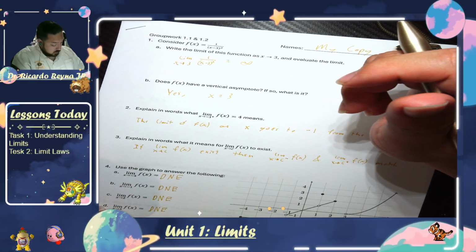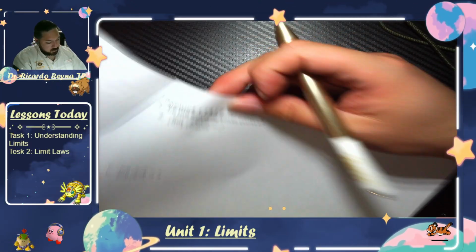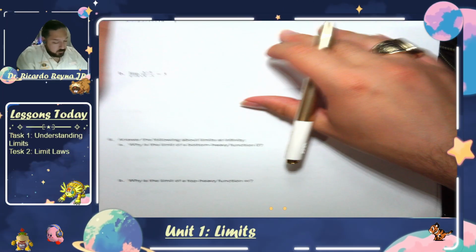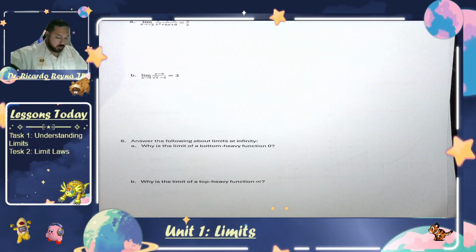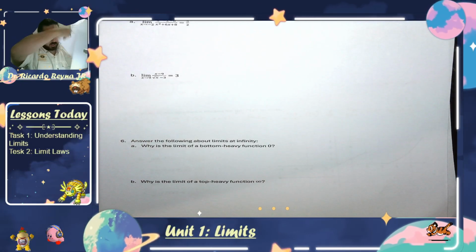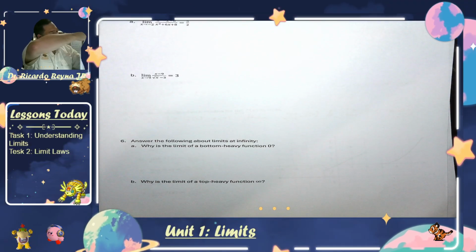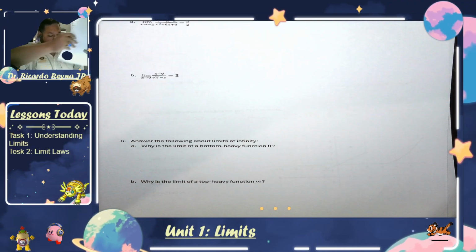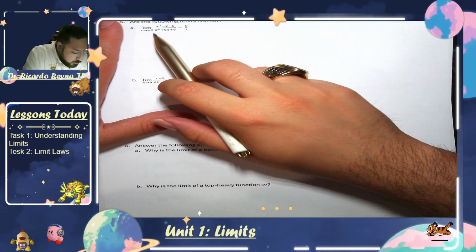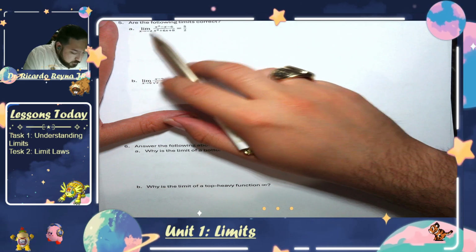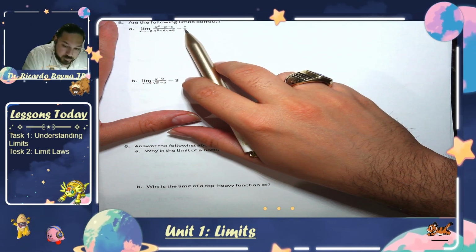All right. Next one. Are the following limits correct? So first off, we have the idea that as x goes to -2, this is supposed to equal 5 over 2.